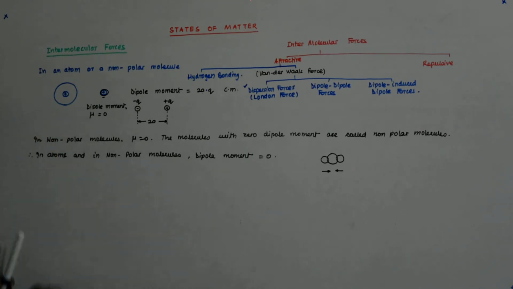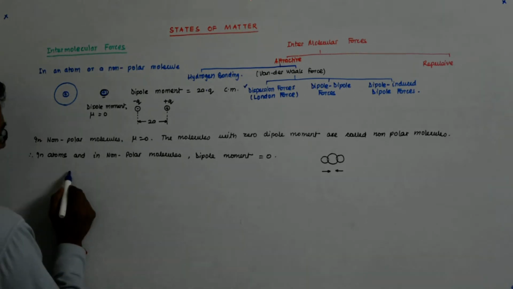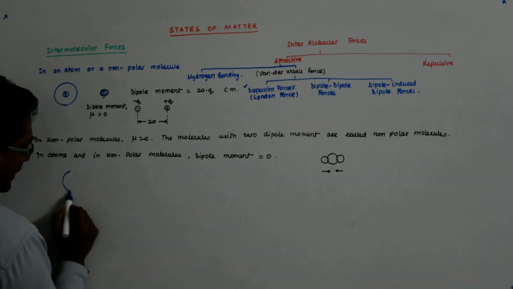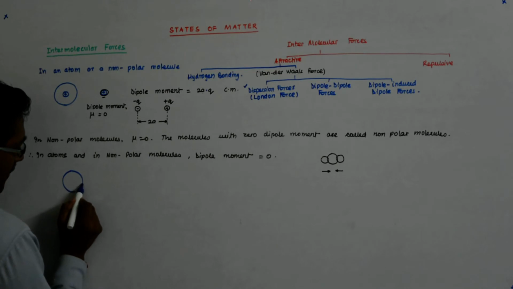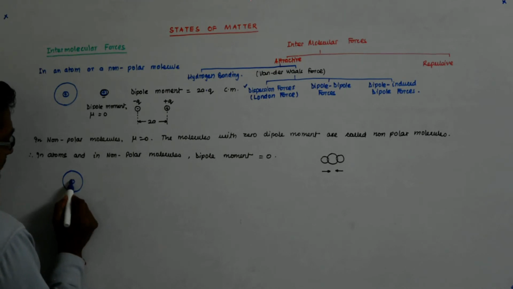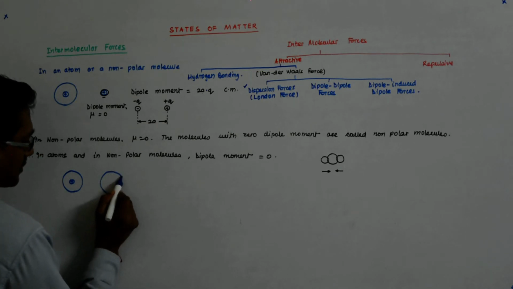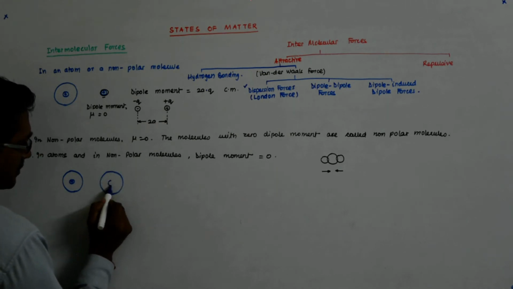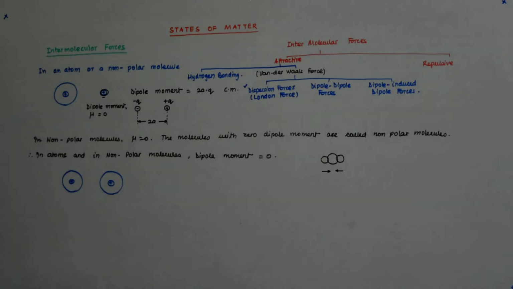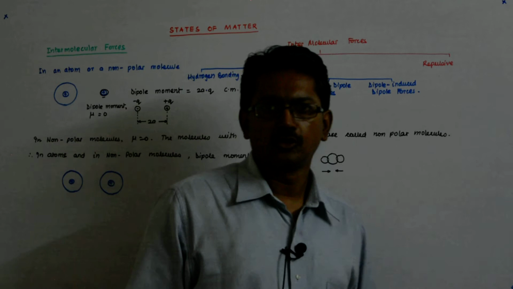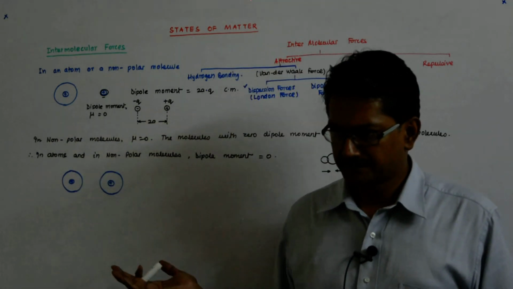Okay. Now, so we understand what dipole moment is. So let us try to understand one thing. If I have an atom here and an atom here, what happens? They normally have no interaction between them.